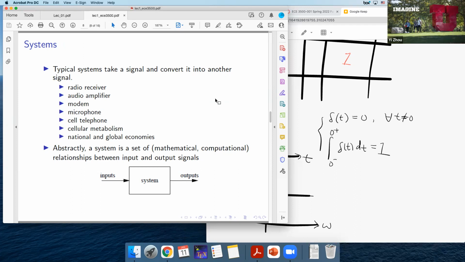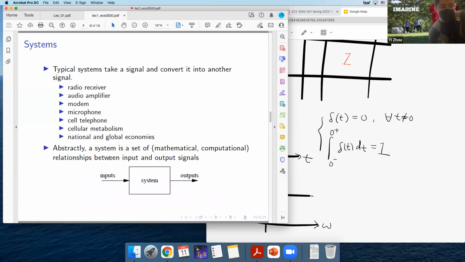Besides signals, the other component that we are going to discuss is systems. As shown in this bottom figure, this is a standard system diagram. You have an input signal to the system, and then on the output side, the system will generate something else. We have many systems in practice already, like mobile phones.